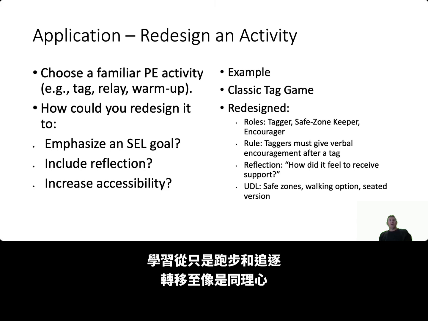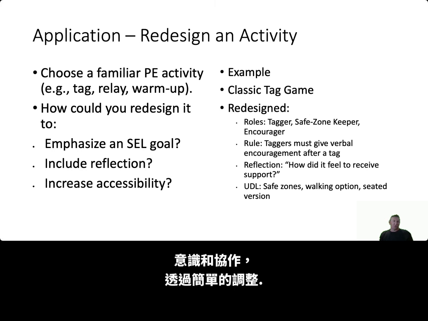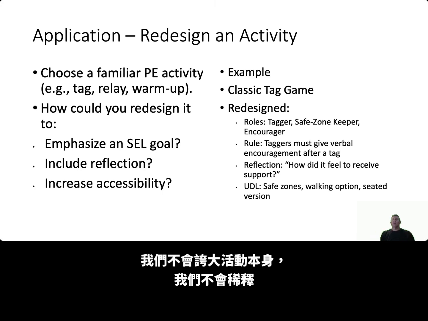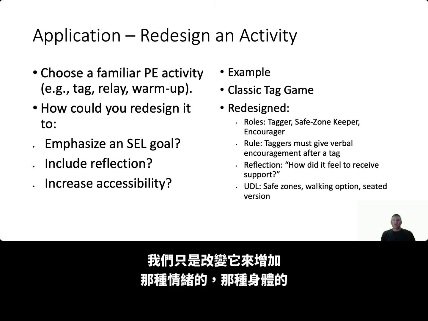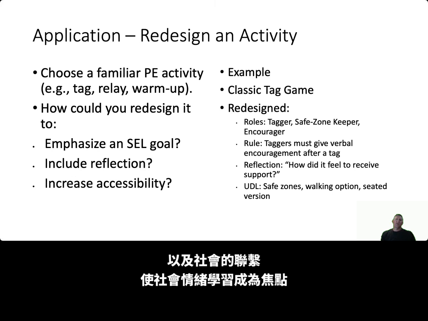The learning shifts from just running and chasing to empathy, awareness, and collaboration, all through simple tweaks. We are not blowing this activity out of the water, and we are not diluting the experience of individuals participating in it. We're just changing it to increase that physical and emotional connection that social emotional learning focuses on.